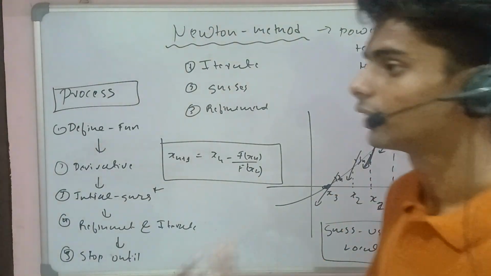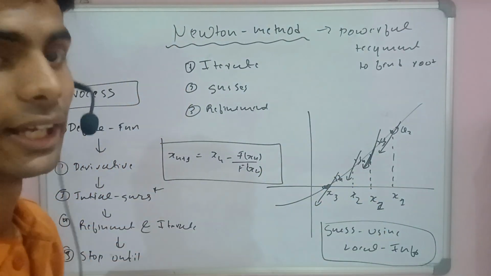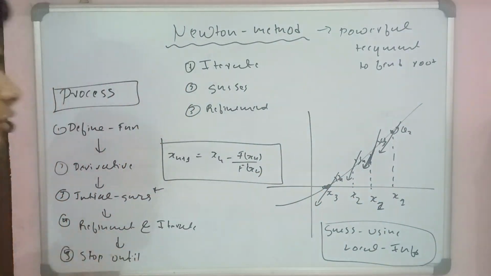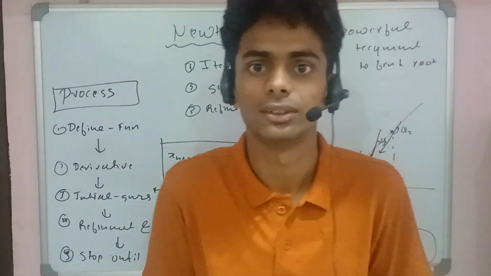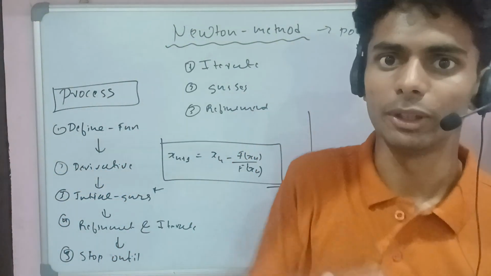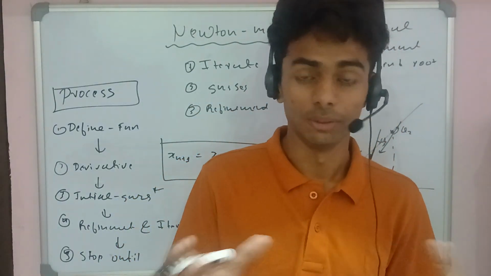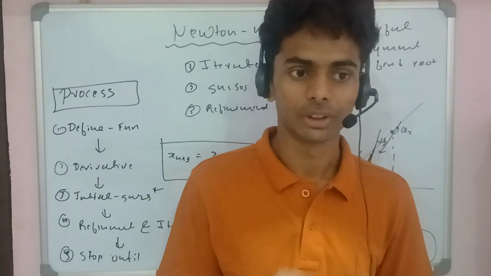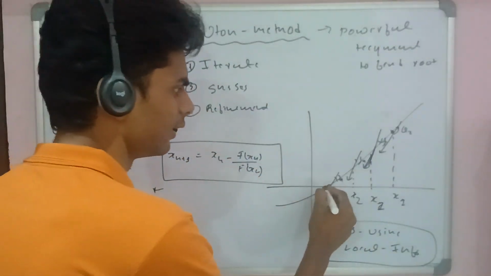Initially we start our guessing with x1, which is our initial guess. Then we refine it, choosing a decent guess. In the graph we can visualize this. A decent guess is something approximate, a nearby location.